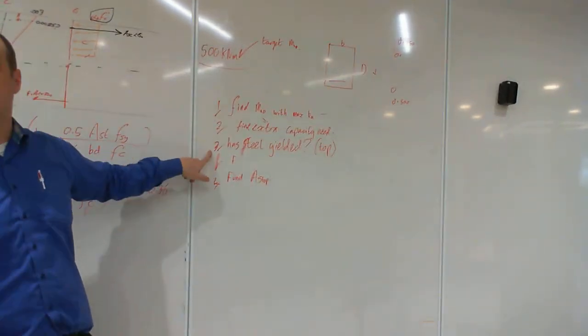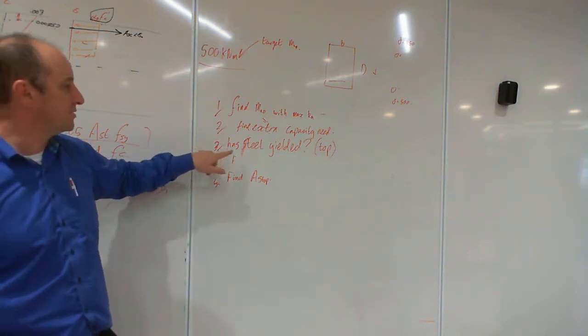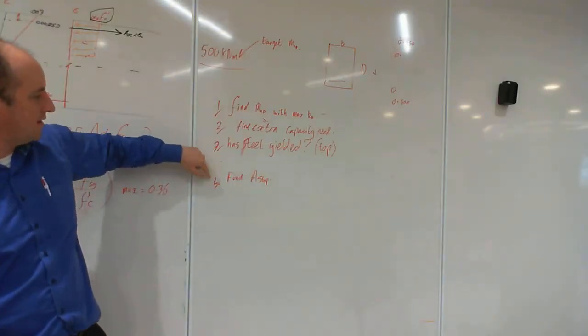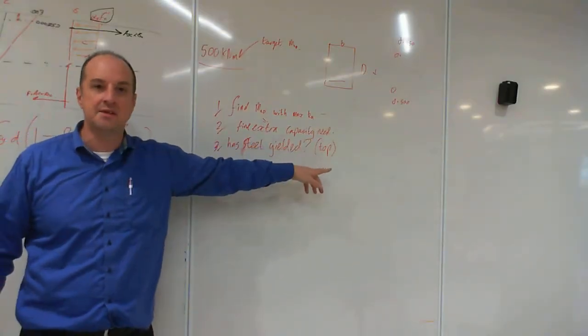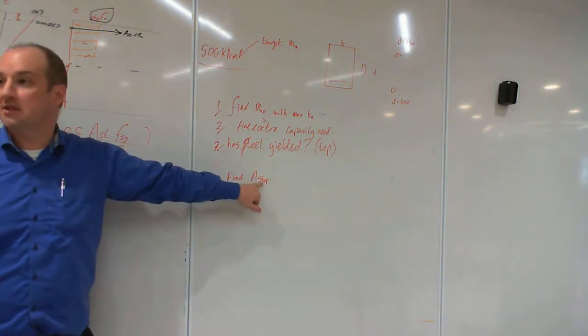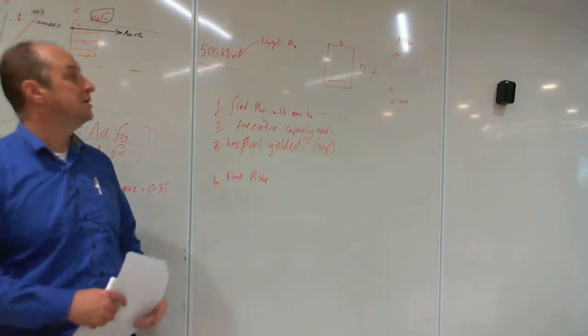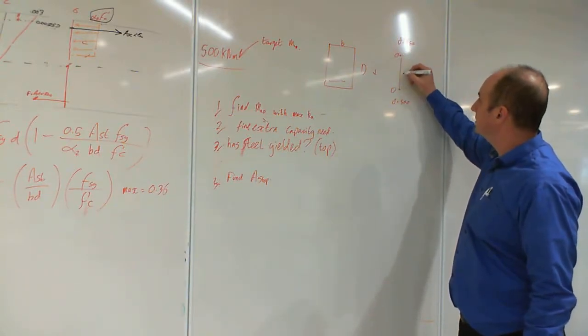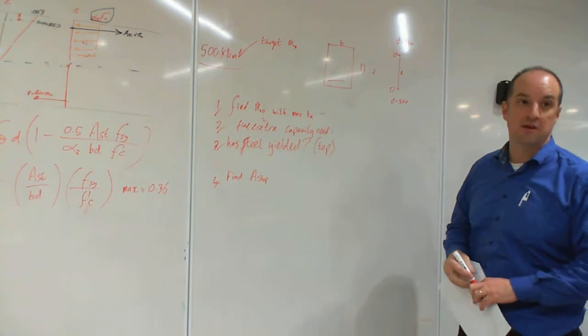Step 3, has the steel yielded? Okay, yes or no? We decided no, we've done the triangles. So next, step 4, once you've found the steel yielded, find the area of steel you need at the top. So we know the lever arm between the top steel and the bottom steel is that much. Let's give that another little d. That's our lever arm there.